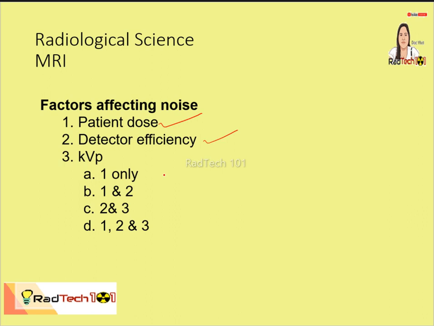And that will also entail higher technique factors, therefore increased patient dose, therefore it will also affect the noise. Diba? Kapag mas maraming photons ang kailangan, so less noise. And of course, KVP. So, therefore, all are correct.